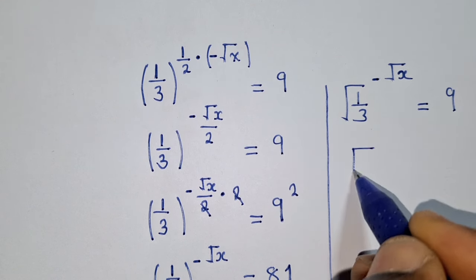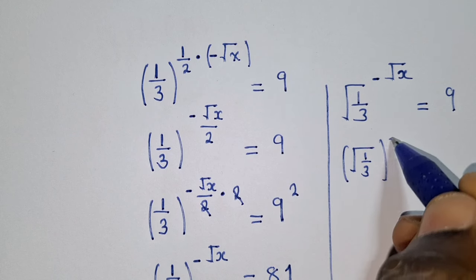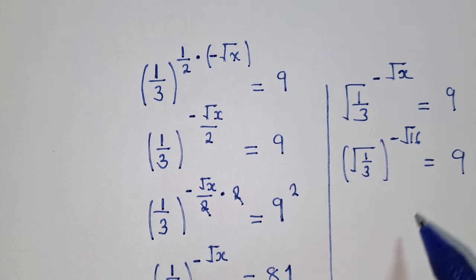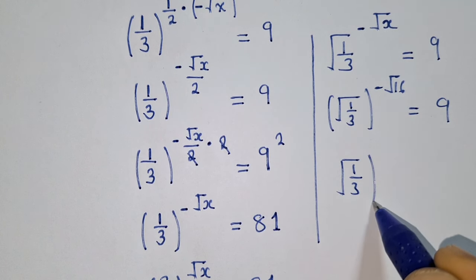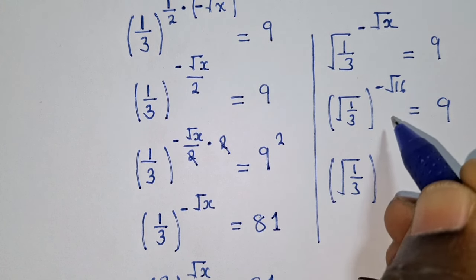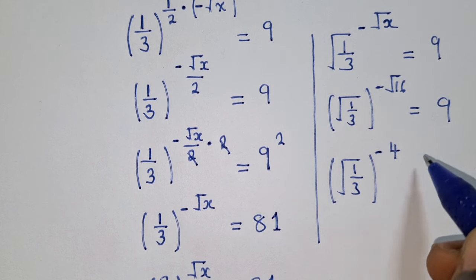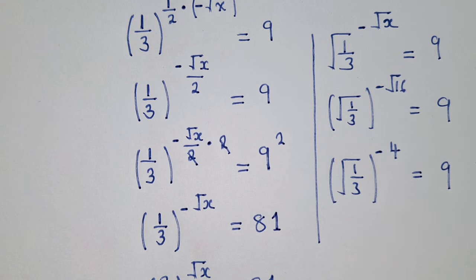So when we substitute 16 here, we're going to have square root of 1 over 3, and then power negative 4, which is equal to 9, because the square root of 16 is 4.